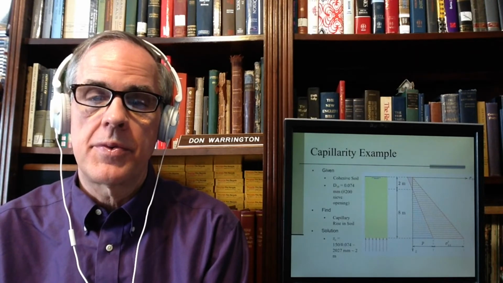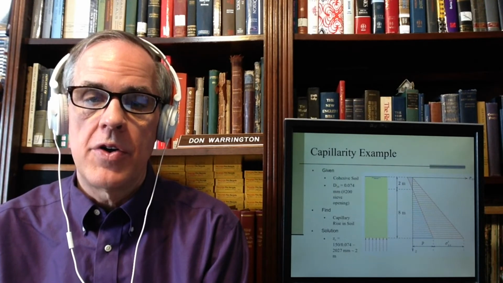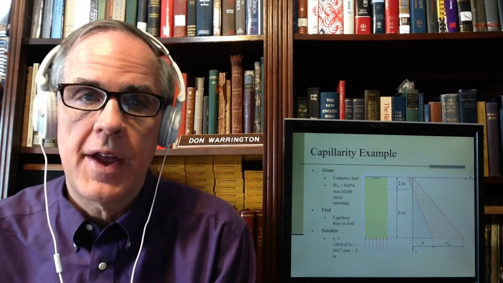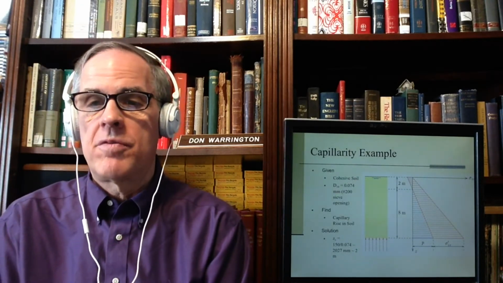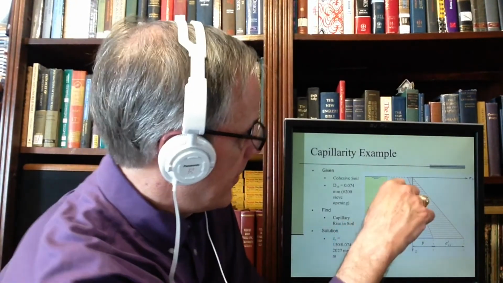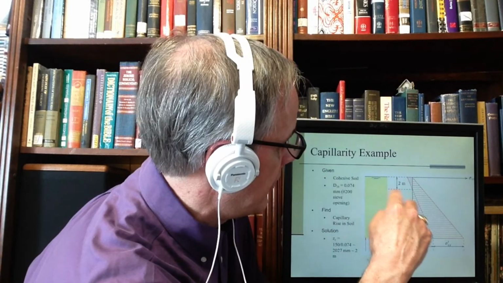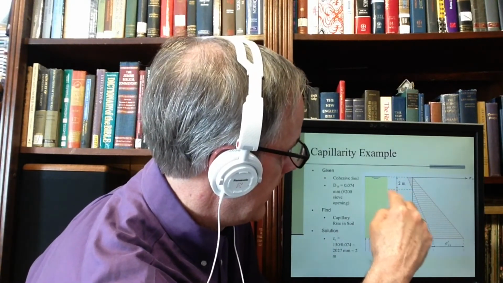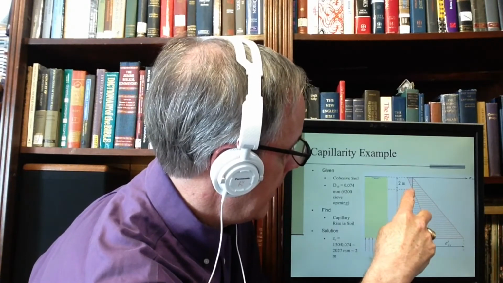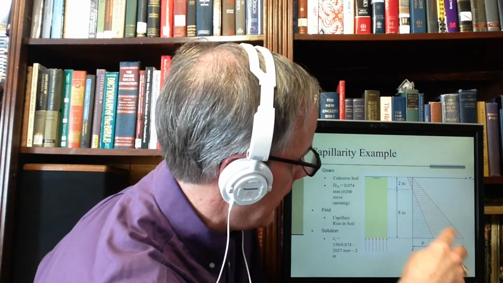Z sub c is equal to 150 over 0.074, which comes out to about 2,027 millimeters or 2 meters. And you see what the deal is here. The water table originally started here, and we're going to come back to that in a minute. And basically it goes down 8 meters. We want to find out this.